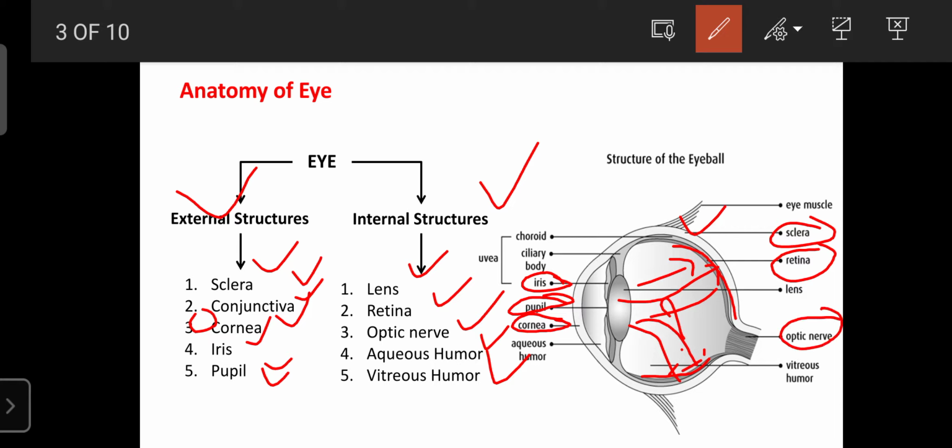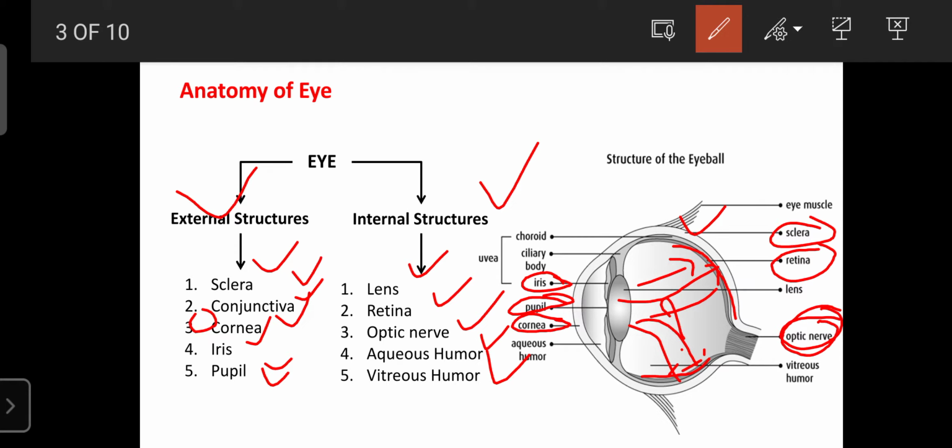So the retina converts the image into electrical signals, nothing but impulses. That is the role of the retina, because it consists of special cells known as photoreceptors. When the light falls on the retina, those light rays are converted into impulses, then sent to the brain with the help of the optic nerve.